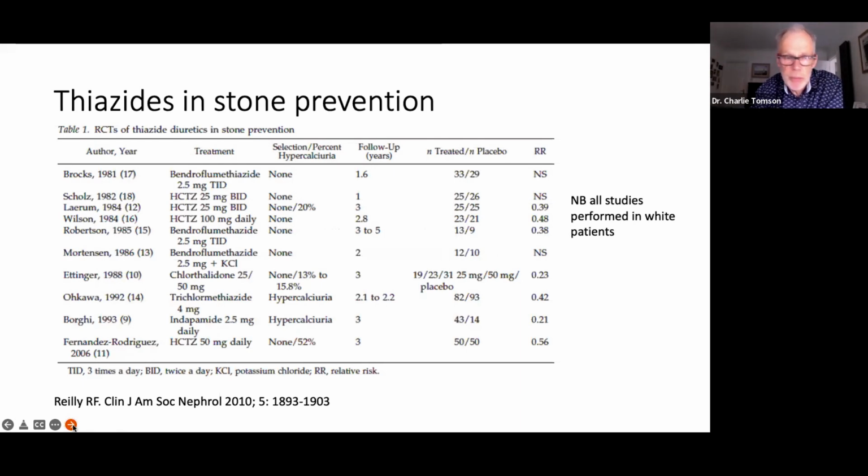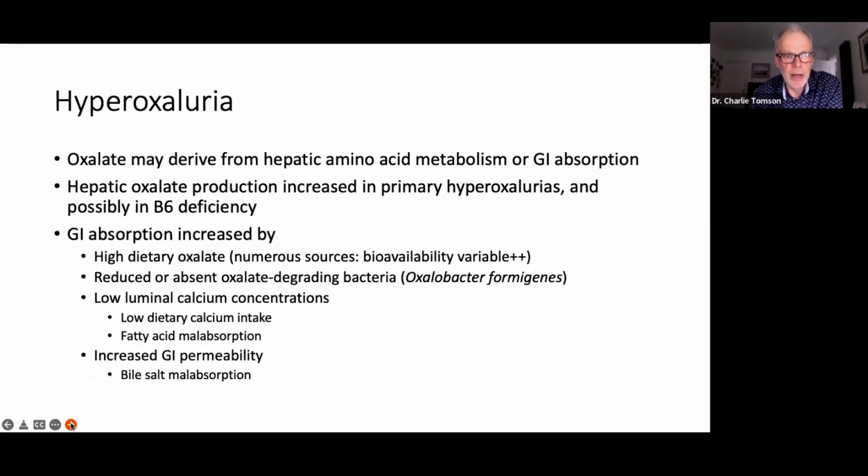It's not something on which many people are doing trials these days, but there is established evidence that thiazides in the doses in these trials that were successful, i.e. quite high doses, bendroflumethiazide, for instance, 2.5 milligrams 3 times a day, that's 3 times the dosage used for hypertension, or chlortalidone 25 to 50, result in reductions in stone recurrence rate over time of up to halving. So thiazides are certainly worth considering if you're stuck.